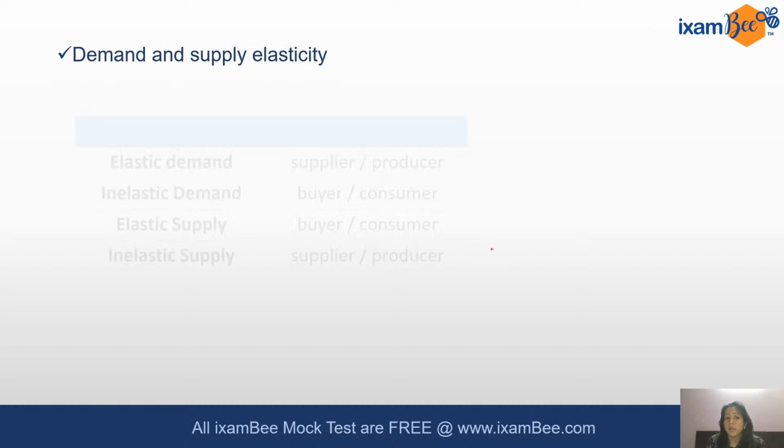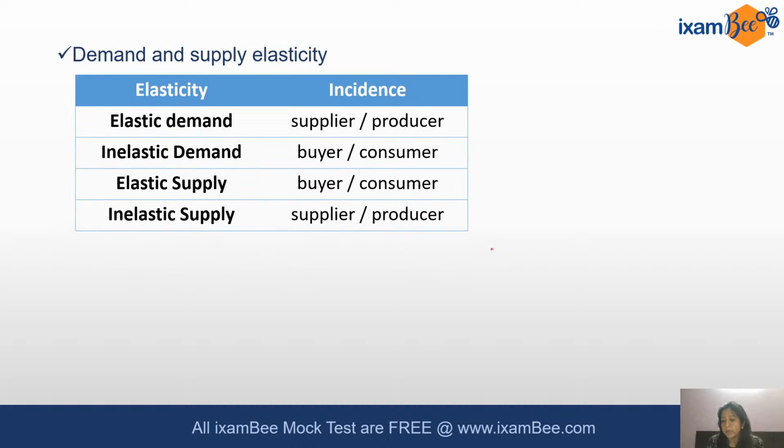There are so many questions that can be framed from this topic, on whom the incidence of the tax will fall. To give you a brief, the demand and supply elasticity ultimately help us know who will bear the burden of the tax.